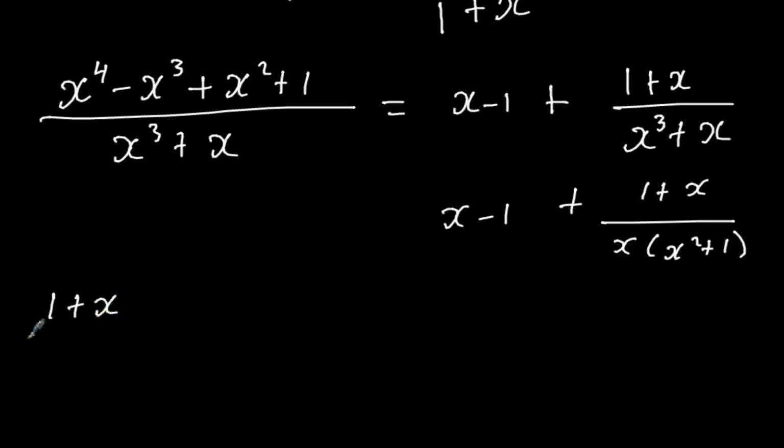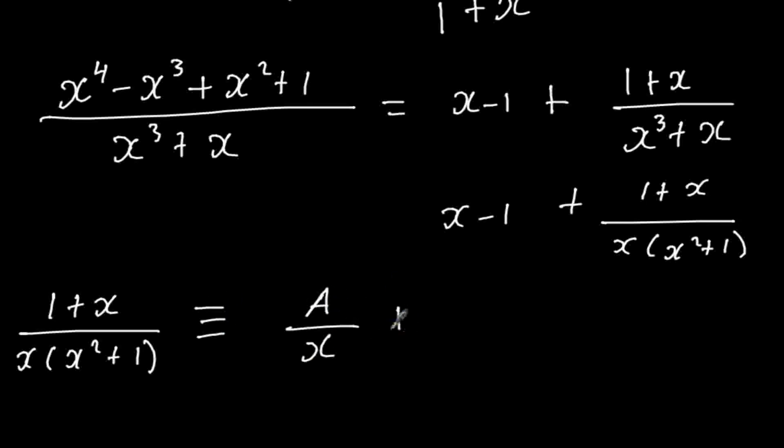So 1 plus x over x into x squared plus 1 in partial fraction form will be a over x plus bx plus c over x squared plus 1. Since the denominator is a quadratic expression, then the numerator should be written in linear form.